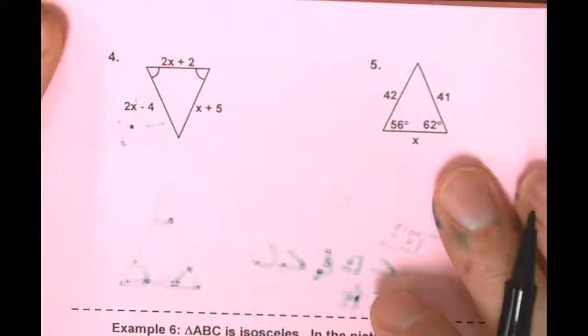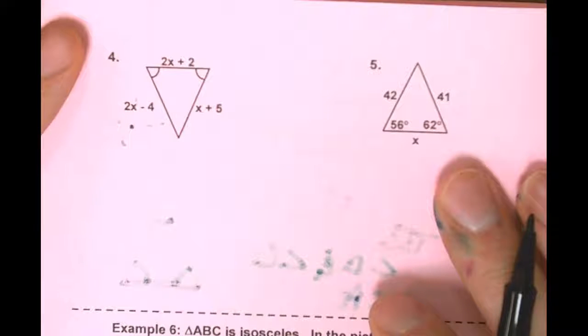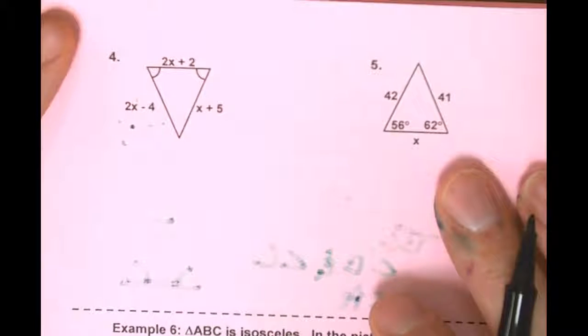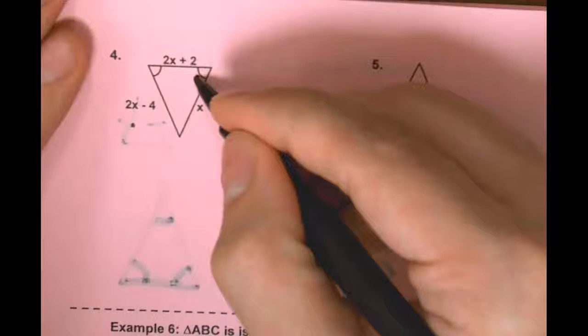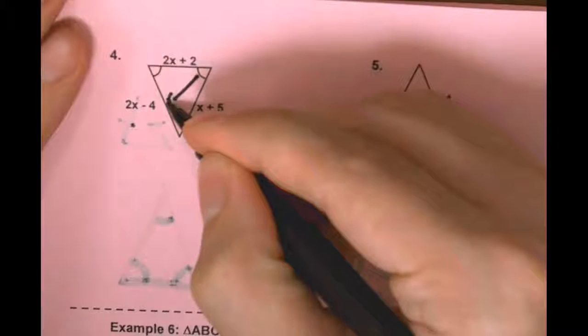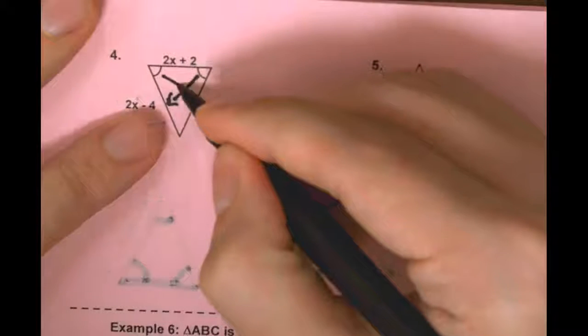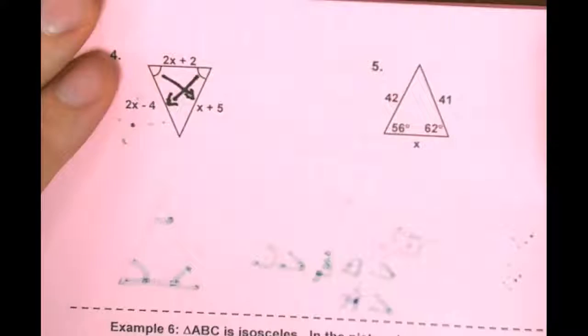Okay. This next one, we're switching this up a little bit. Now we're going to try to find the side. So you have to figure out what the legs are. In order to find the legs, remember you can draw straight lines to the opposite side. So this is a leg of the isosceles triangle.